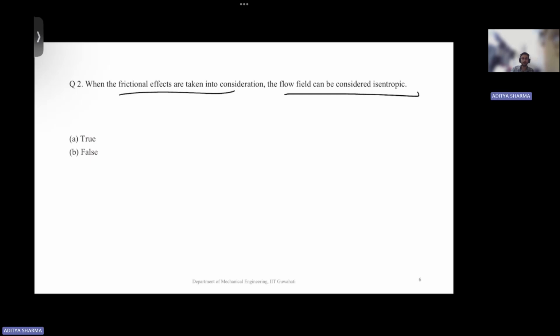So is this a true or false statement? This is a false statement. The entropy does not remain the same when frictional effects are taken into consideration. So this was your question number 2.